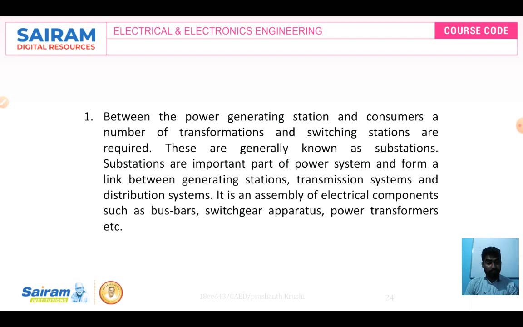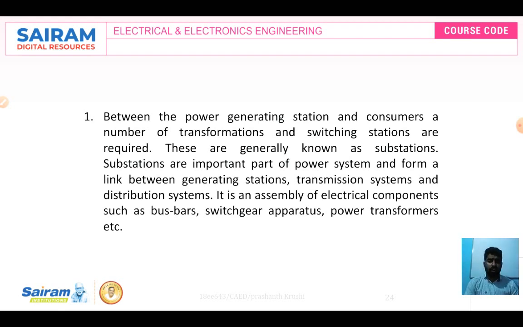After that, every 50 or 100 kilometers there is one transformer. After that Vijayanagara, before entering Bangalore, there is one transformer. Then from Vijayanagara substation to Anekal substation, one transformer. And in Anekal we have so many transformers, and from Anekal to college, behind our gate, one transformer. So we use many transformers and switching stations also. These are generally known as substations.